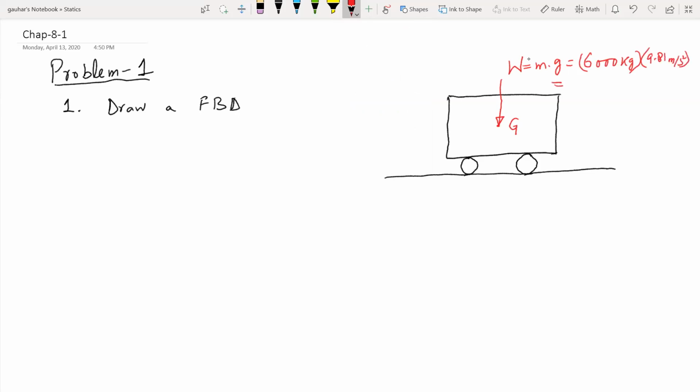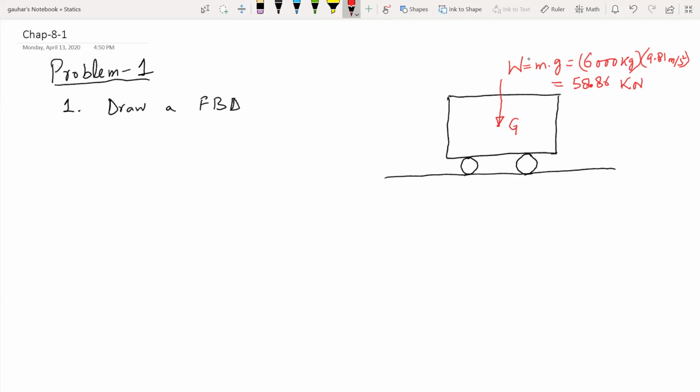So we get around 58.86 kilonewtons. This is the weight of the mine car, which is acting at point G, the center of gravity of this mine car.